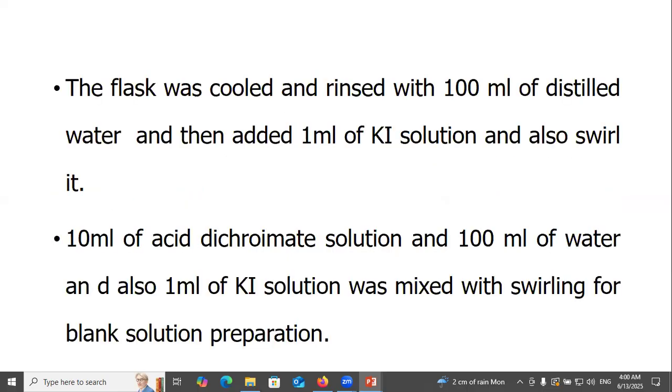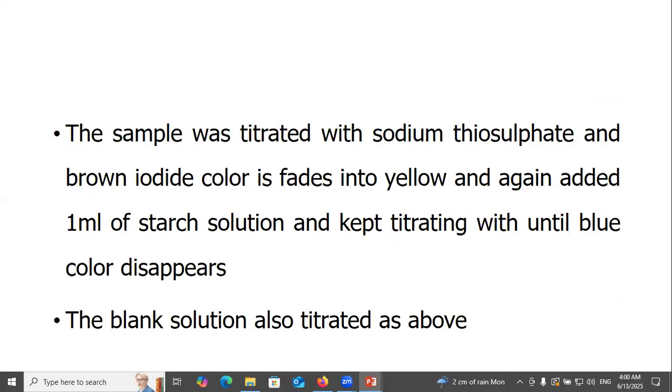The flask was cooled and rinsed with 100 ml of distilled water, and then 1 ml of potassium iodide solution was added and swirled. 10 ml of acid dichromate solution, 100 ml of water, and 1 ml of potassium iodide solution were mixed with swirling for blank solution preparation.